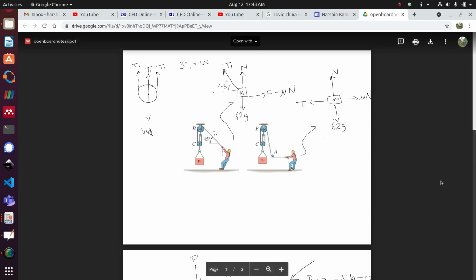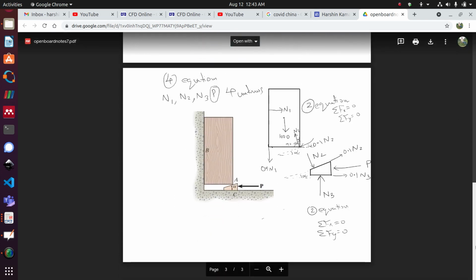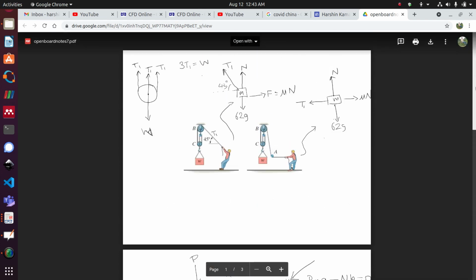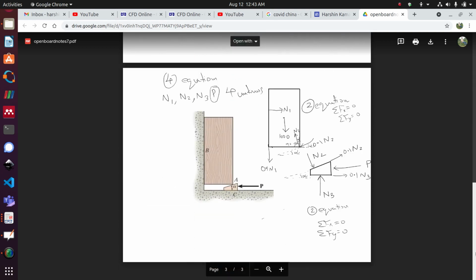So in the previous lecture we solved a few problems in the first module, which deals with friction.